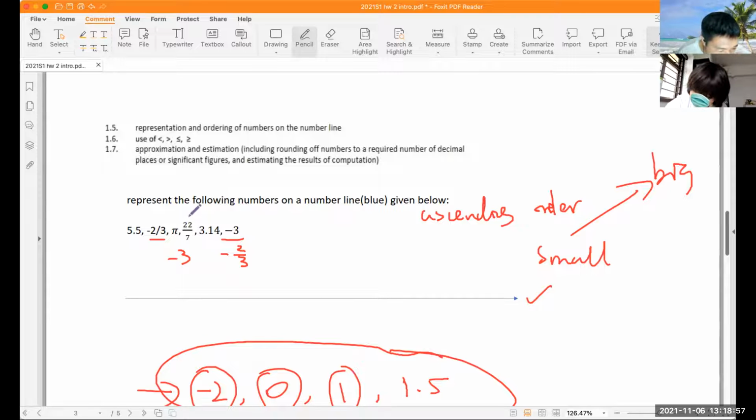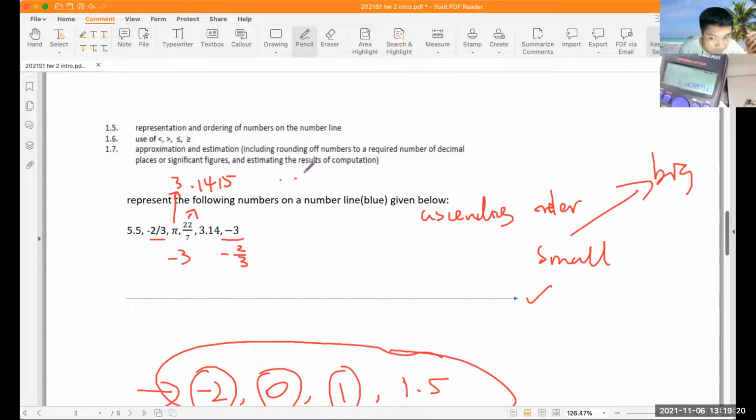What is 22/7? It's not pi. Pi is 3.1415 and so on. But 22/7 is close. What is the 3 point something?